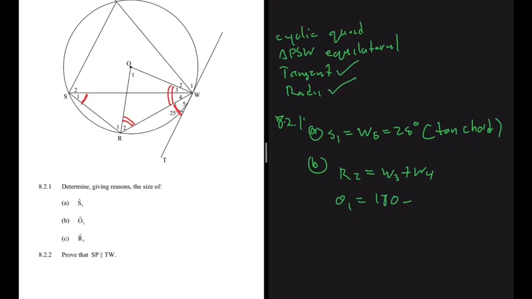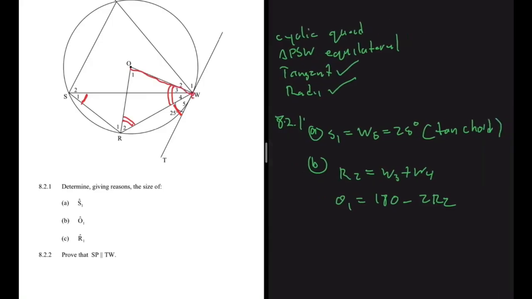Because we're going to minus R2 and we're going to minus W3 plus W4. But we know that W3 and W4 is equal to R2. So minus 2R2. So if we can find a way to find R2 or W3 and W4, then we can find angle O1, right?